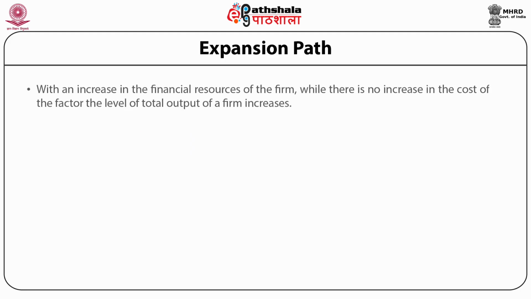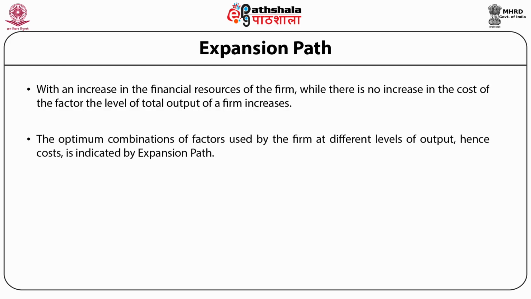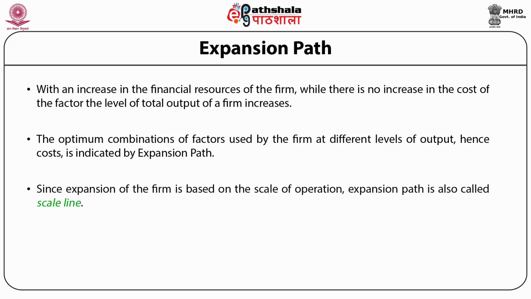Expansion path. With an increase in the financial resources of the firm, while there is no increase in the cost of the factors, the level of total output of a firm increases. The optimum combination of factors is used by the firm at different levels of output. Hence, cost is indicated by expansion path, since expansion of the firm is based on the scale of operation.